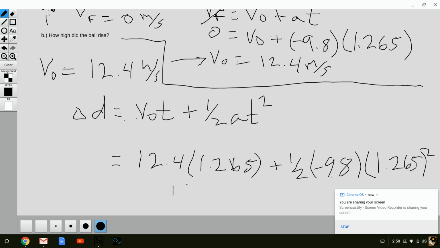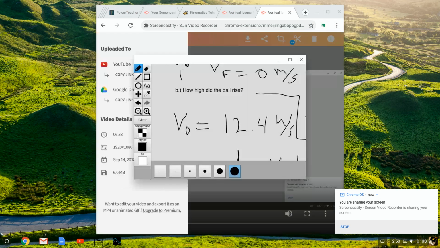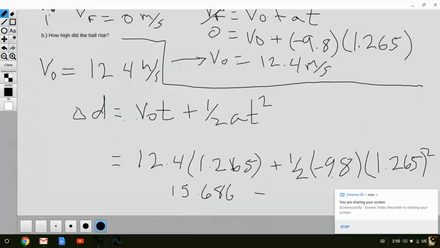This part right here ends up being 15.686 minus whatever this comes out to be. So hold on, sorry, let's go back. I don't know why it decided to do that.